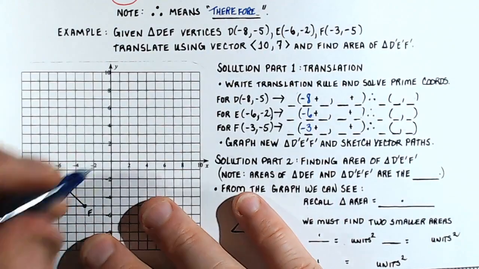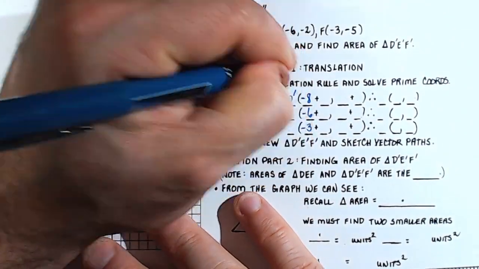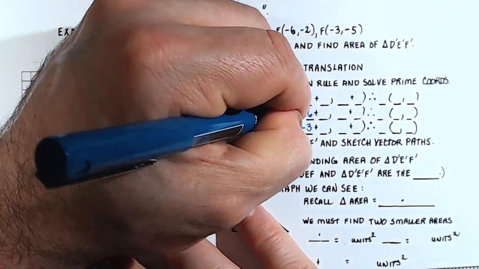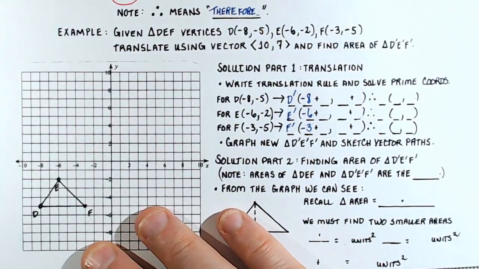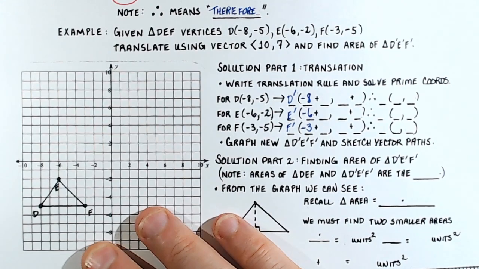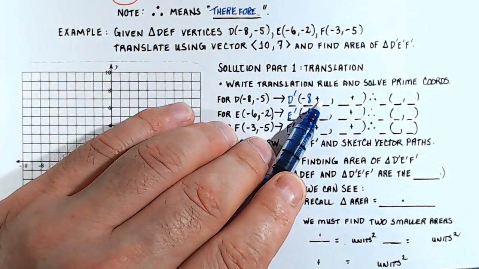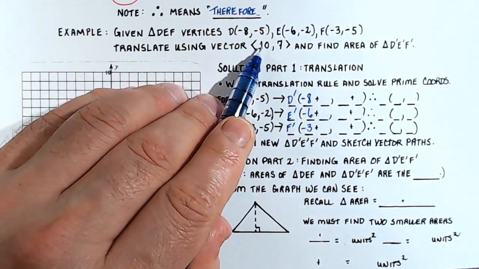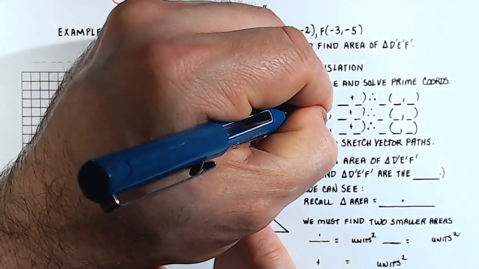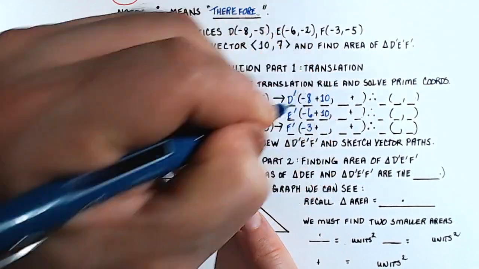And what we're going to be finding here is D prime, E prime, and F prime. These are the coordinates of the image post-translation. Now we add the horizontal component of the vector, which is 10. So +10, +10, +10.